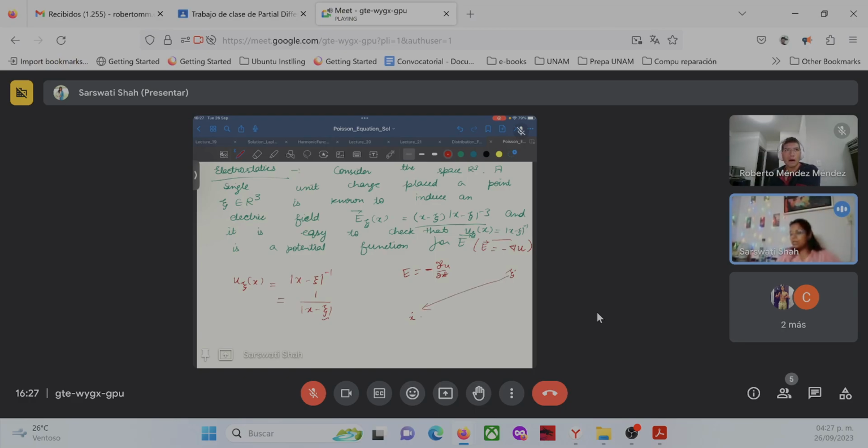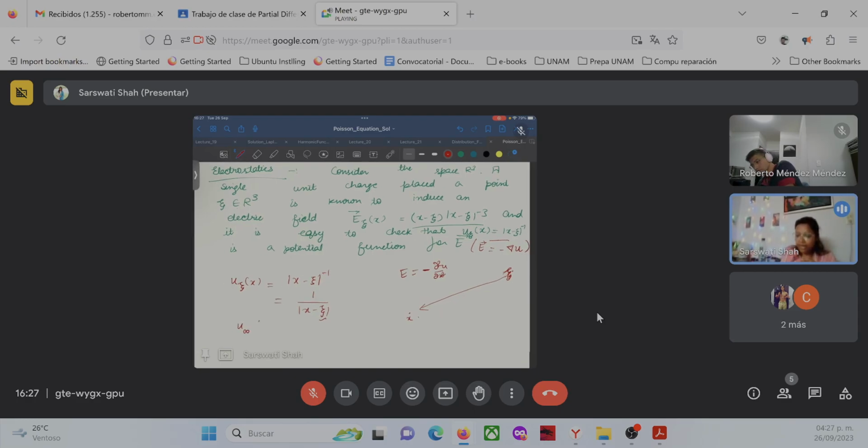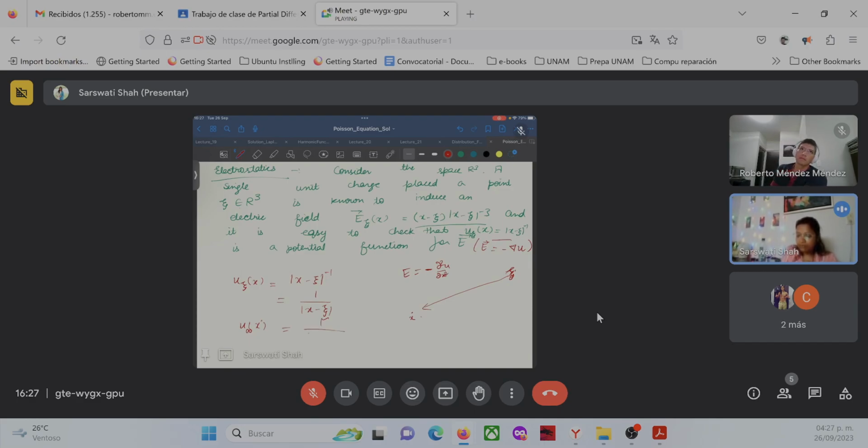Suppose this charge is at infinity. Then what will be the potential function for that? When the charge is at infinity, the potential function will involve x minus infinity, and 1 upon infinity is 0. So this will work as an initial condition.